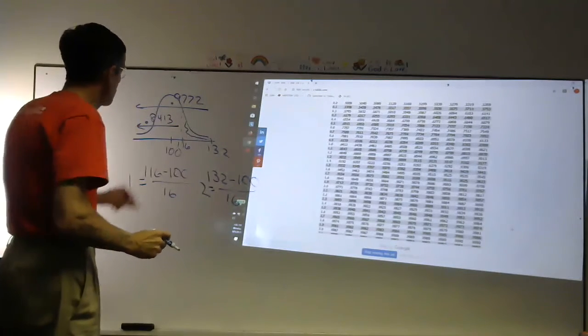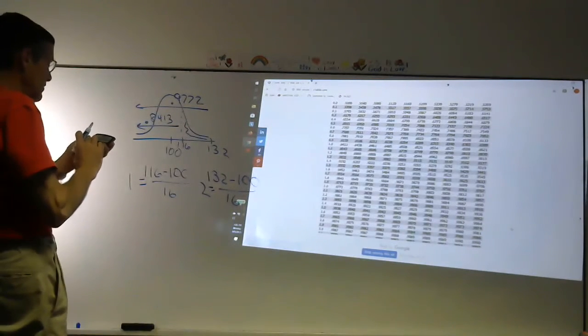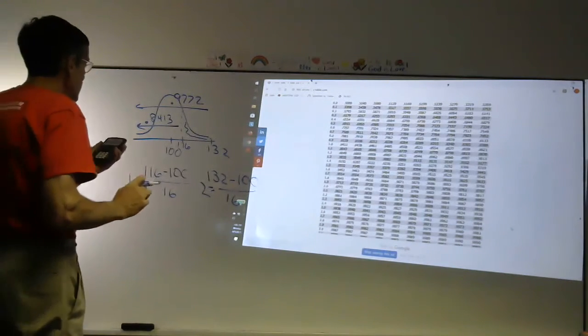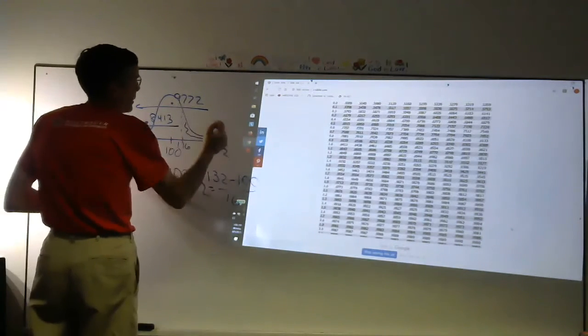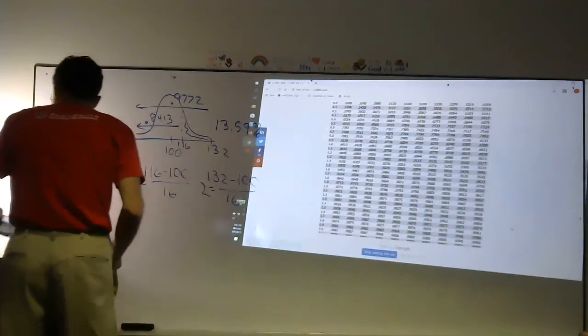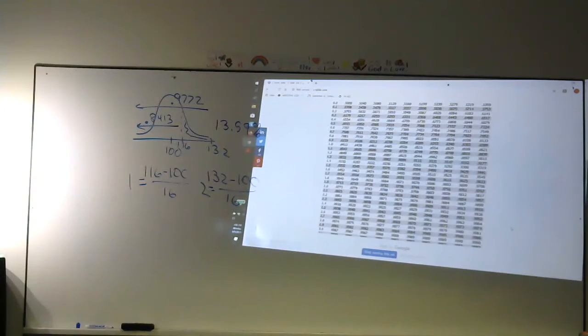So you want to take those two areas and subtract them, and 0.9772 minus 0.8413, and I get 0.1359, I'll change it to a percentage right away, is 13.59%. Okay? Are you sticking with me on how these work?